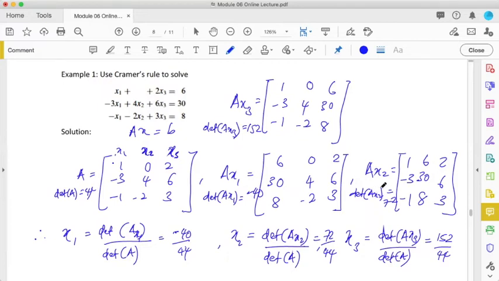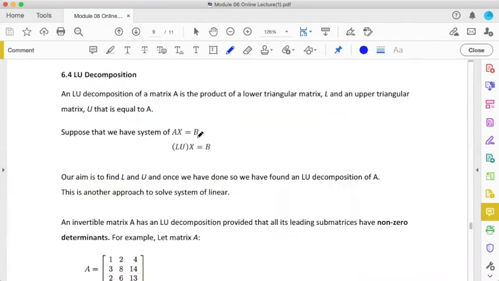In this module, we mix a bit with systems of linear equations. Another way to solve a system of linear equations is to use LU decomposition. Suppose we have a system of linear equations described by AX equal to B. The matrix A can be decomposed into two different matrices in the form of L, which stands for lower triangular matrix, and U, which stands for upper triangular matrix.